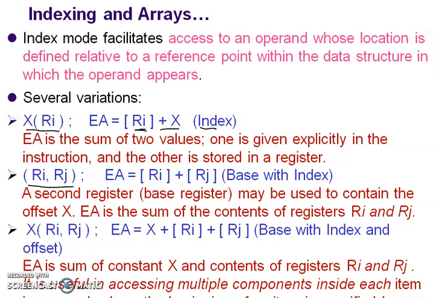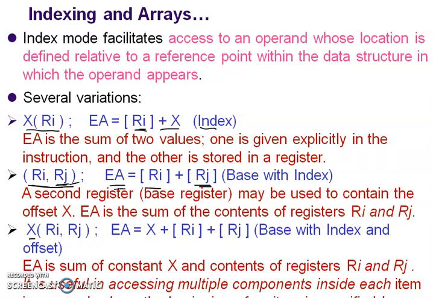Instead of x of Ri, inside the bracket you will be specifying two registers, where the second register Rj will be considered to be the base register. So effective address will be the content of Ri plus the content of Rj. This form of representation is called base with index addressing mode. So the base register will be having the offset.